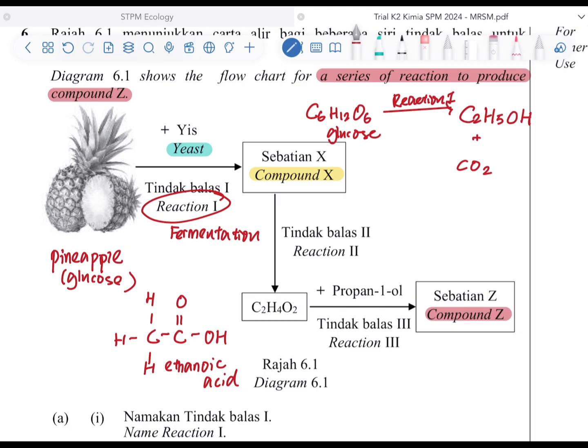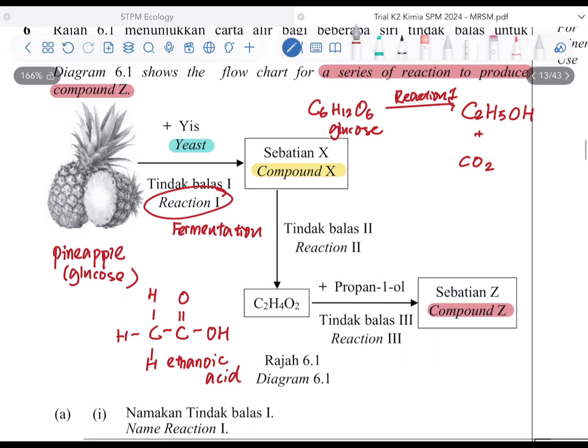So if you want to balance the chemical equation, you can balance it. So let's see. Okay, we have 6 hydrogen at the back over here. So in front we have 12, so we can put 2 glucose over here, and then put 2 for the carbon dioxide.